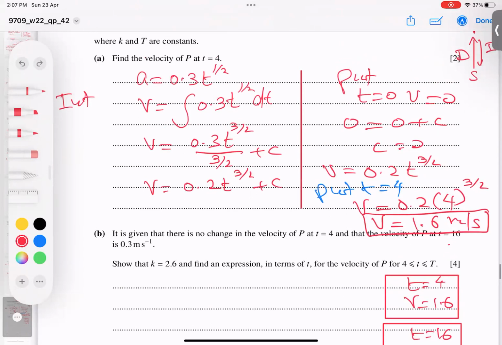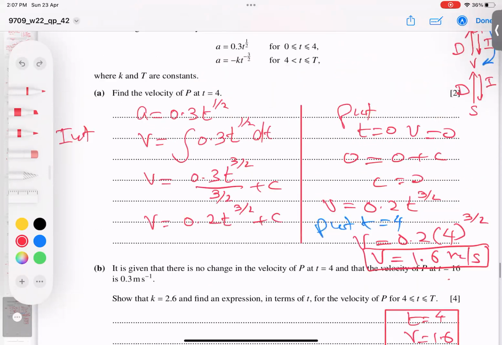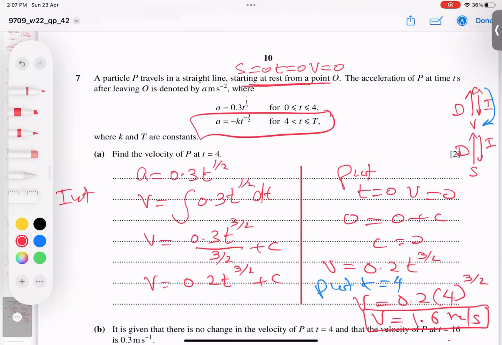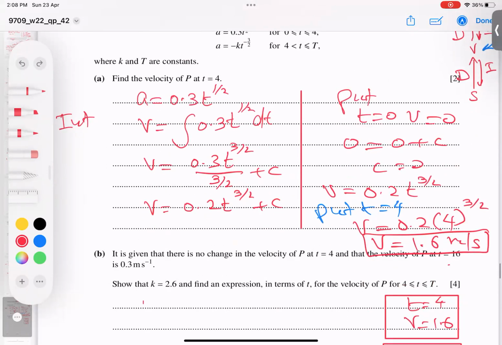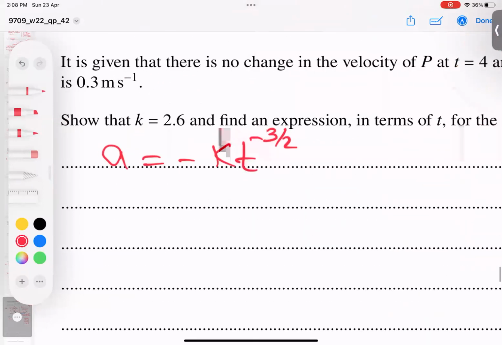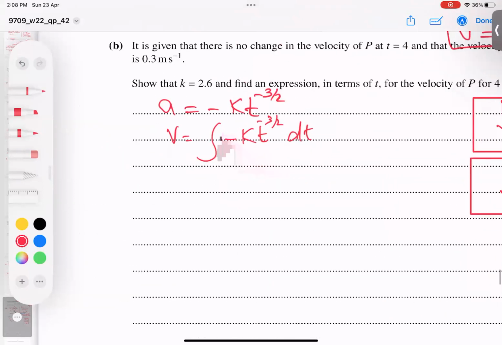So first of all, because he said 4 to t, I'm bound to use the second equation. The first equation I can't use. So a equals negative k t to the power negative 3 by 2. Job number one, because of acceleration, I will integrate for velocity: the integral of negative k t to the power negative 3 by 2 dt. Now increase the power by 1.